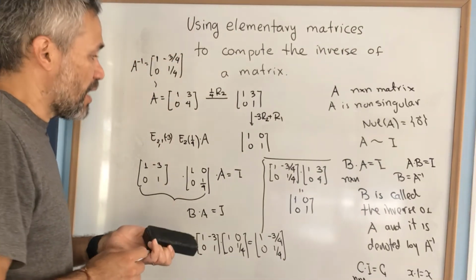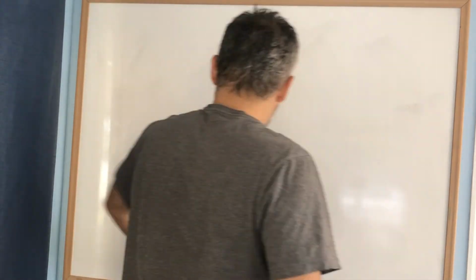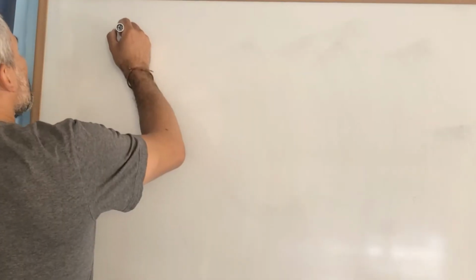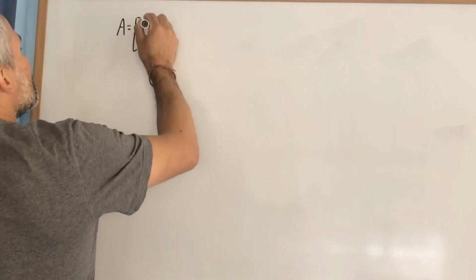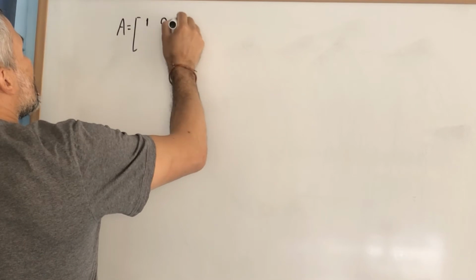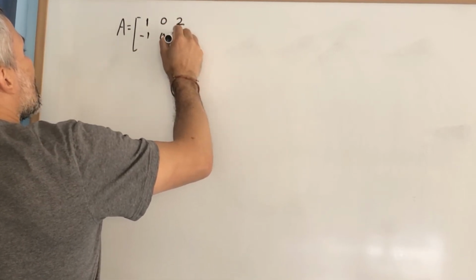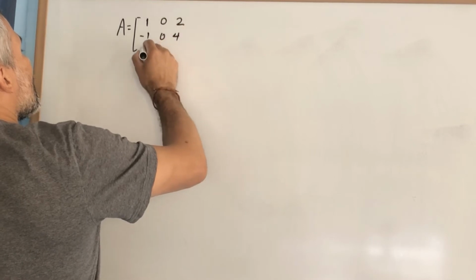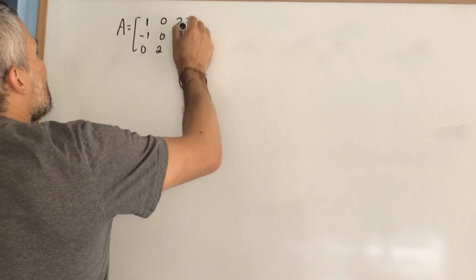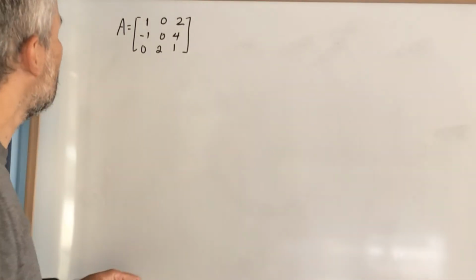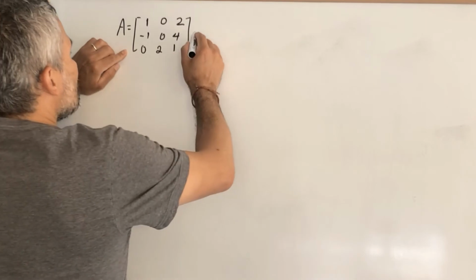Let's do another example. Let's consider the matrix A equal to, let's say, 1, 0, 2, negative 1, 0, 4, 0, 2, 1. And let's find the inverse. Then let's do row reduction.